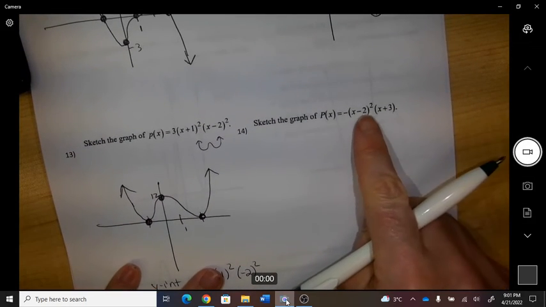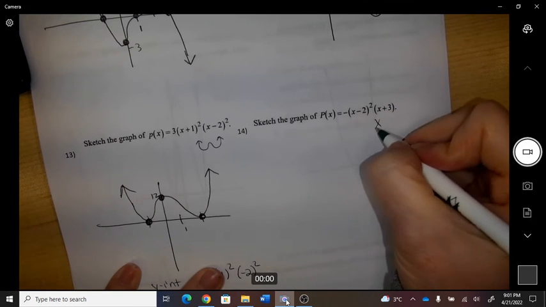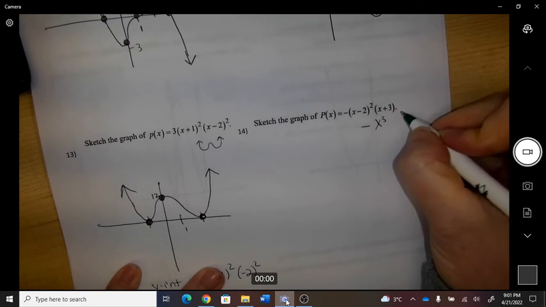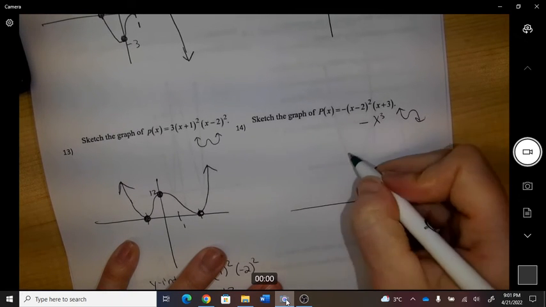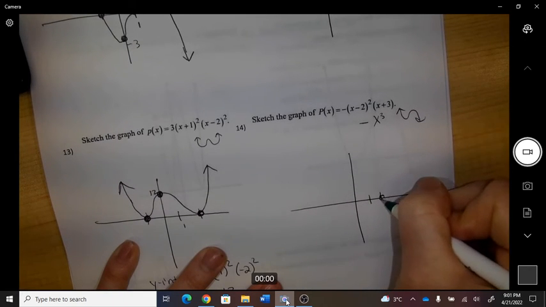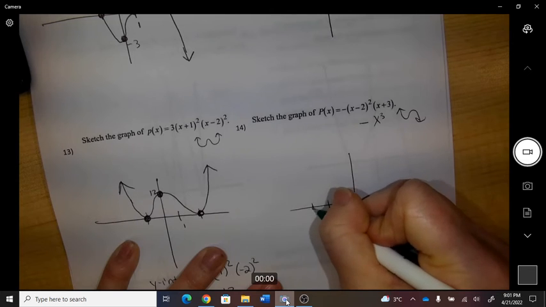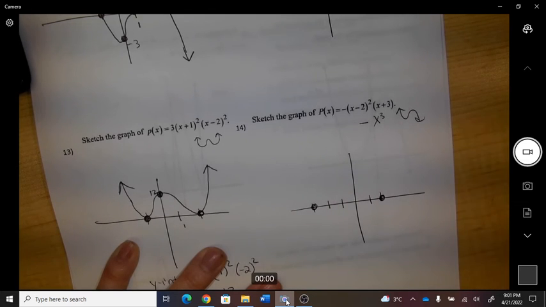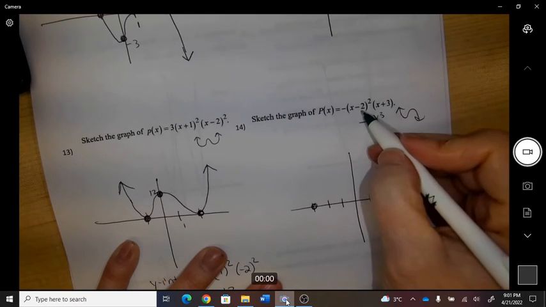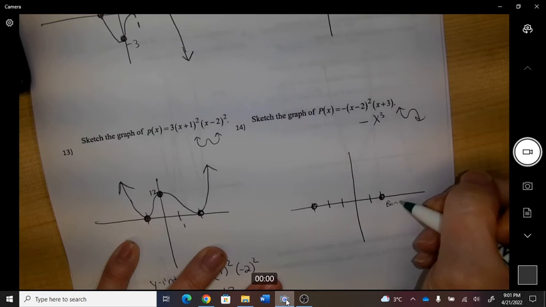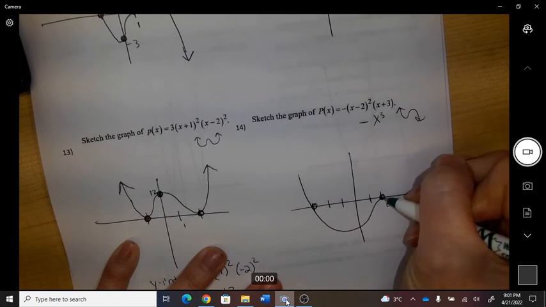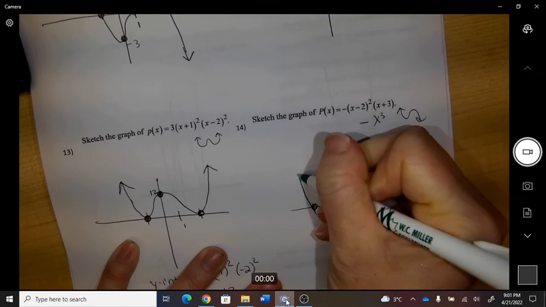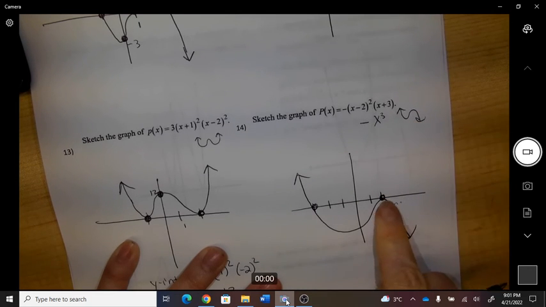Okay, the last one, squared and a 1 make an x cubed, and there's a negative, so I know that is the general shape. x-intercept at 2 and at -3. So I know I'm going to do a bounce there. So there's my general shape with a bounce.